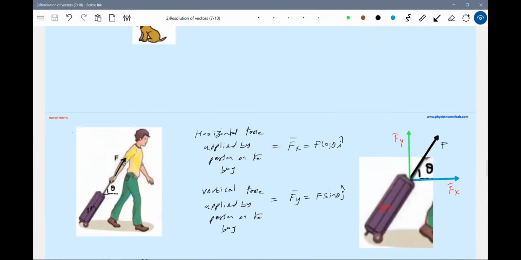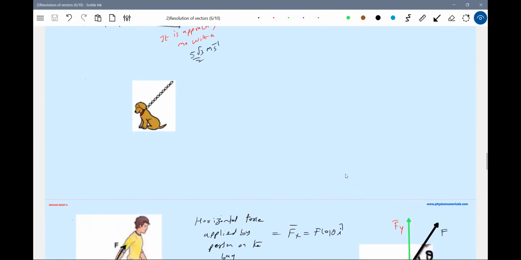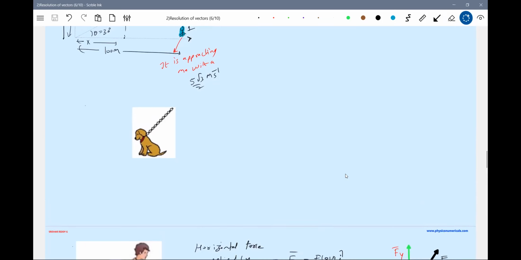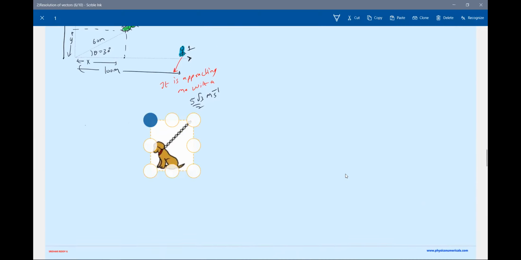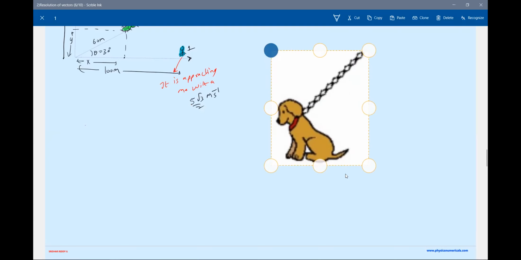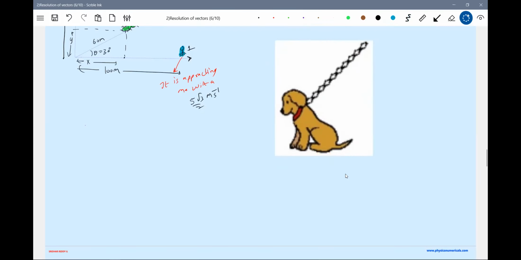Similarly, if a dog is chained, I think I have space, let me explain here only. There's a dog. It will be chained to a certain wall. The wall is not getting displayed.